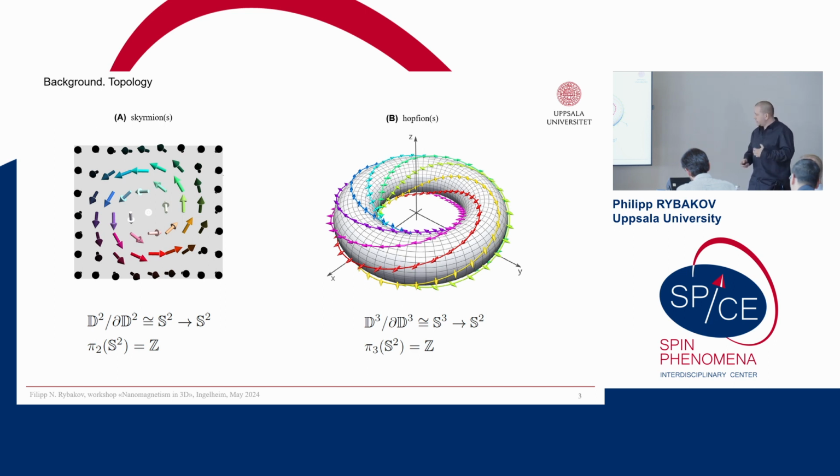So this is the way we actually get a 3-dimensional sphere and then map it into the spin sphere. So the major difference between these two textures is dimensionality.